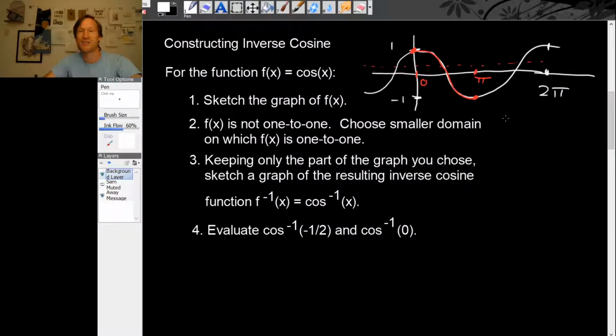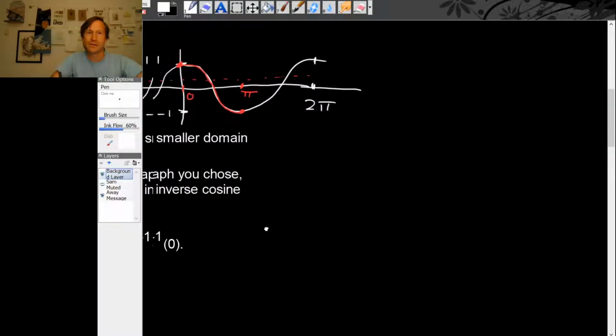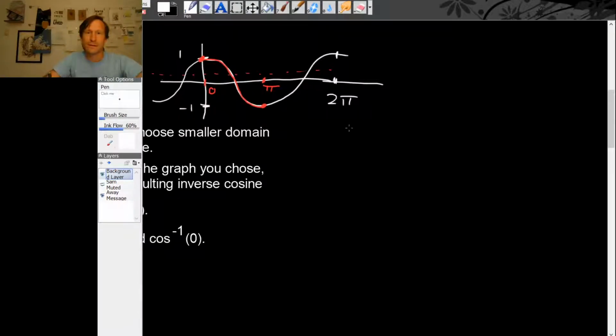Now that we have chosen the part of the graph of cosine that we're going to keep, let's sketch the graph of inverse cosine. Let's do that over here. So this was cosine. Now let's sketch inverse cosine.